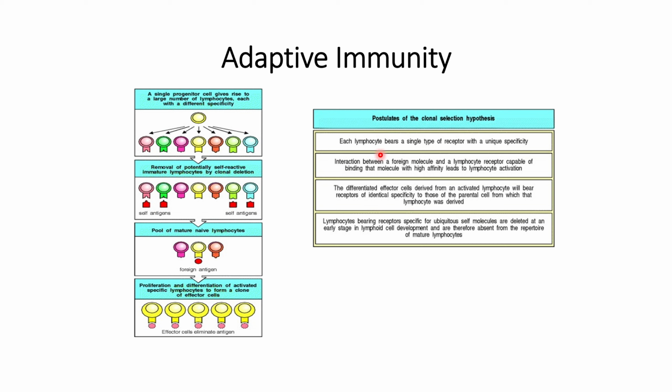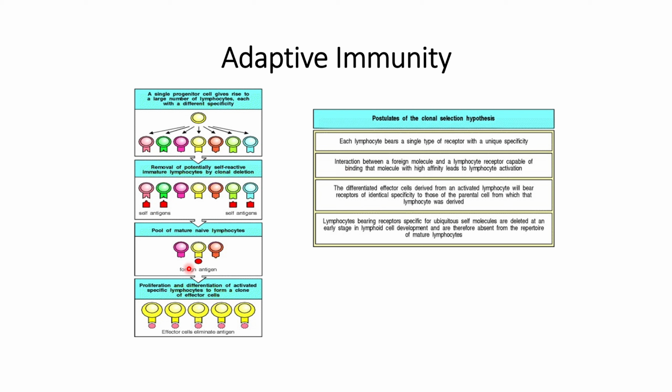The first is that each lymphocyte bears a single type of receptor, which we have already covered. Lymphocytes formed in the bone marrow will have different kinds of receptors, and each lymphocyte will have only one specific receptor.